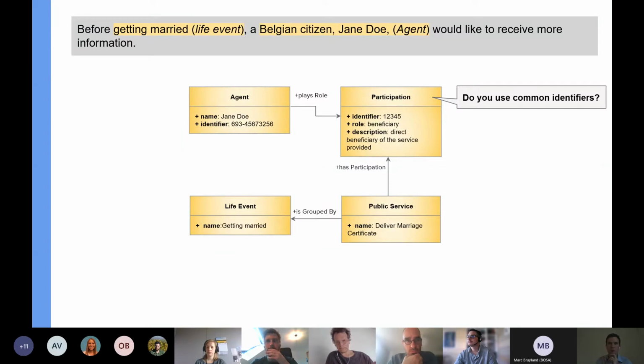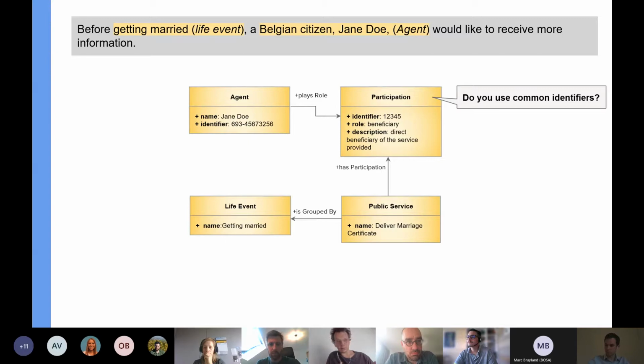Yeah, and which kind of identifiers do you use? Is it a list from a code list, or is it more than that, with a specific scheme to make them always unique? For the public service in itself, you want to use a public dereferenceable URI, leading to some kind of catalog describing the public service.